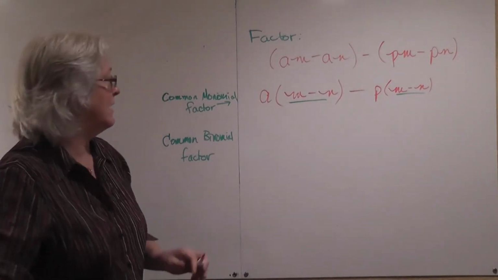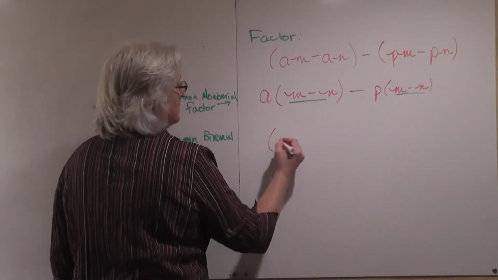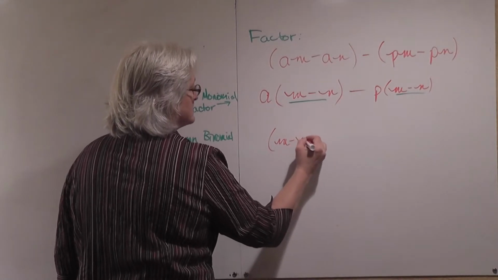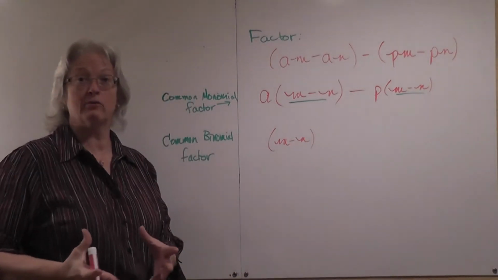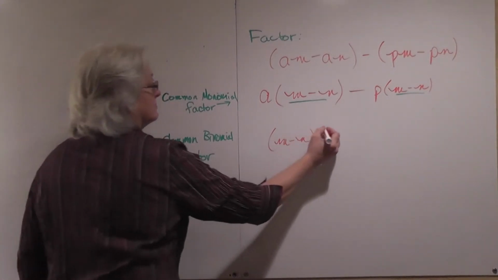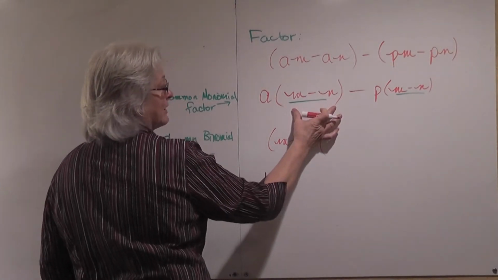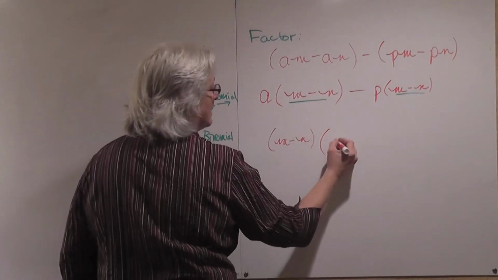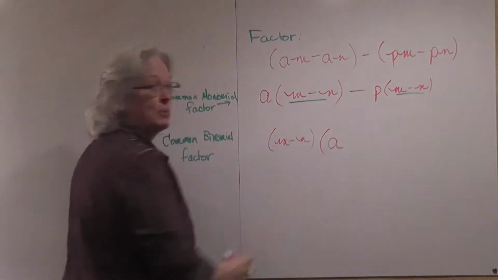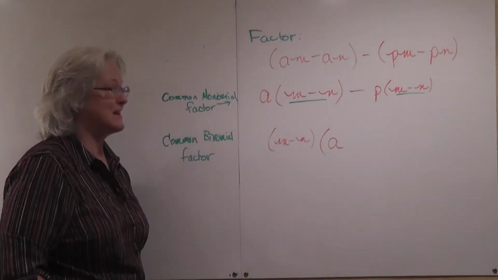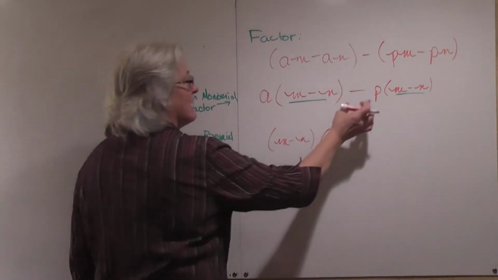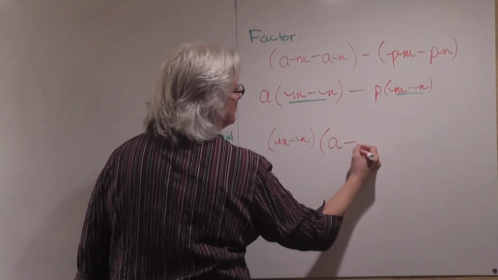So now we have quantity m minus n. What do I have remaining when I factor this out? I've pulled out a factor of m minus n. I have an a remaining, and I have minus p.